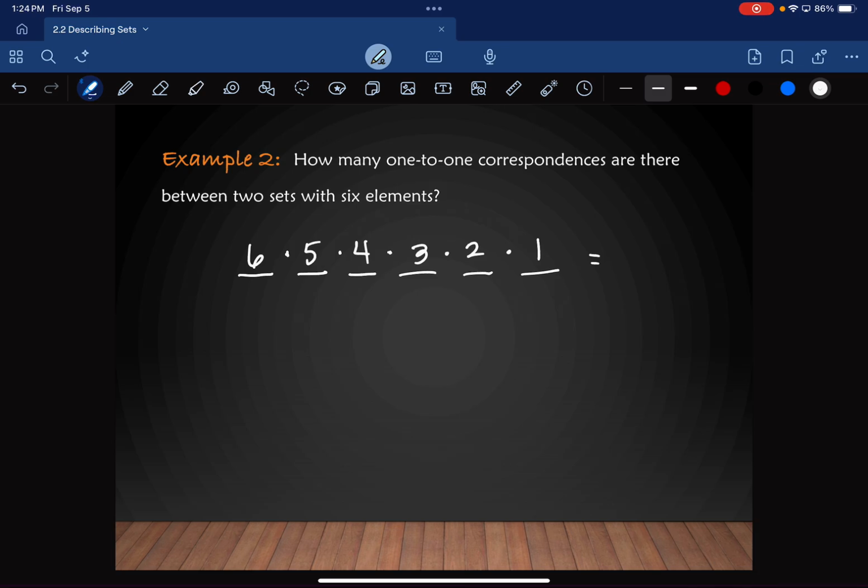What are you going to get? That sounds too many. Try again. 720. Yeah, it should be 720. You might have gone 1 too big, Tessa. Yeah, there's 720. There are 720 different ways that those 6 people could be paired up and go out on a date.